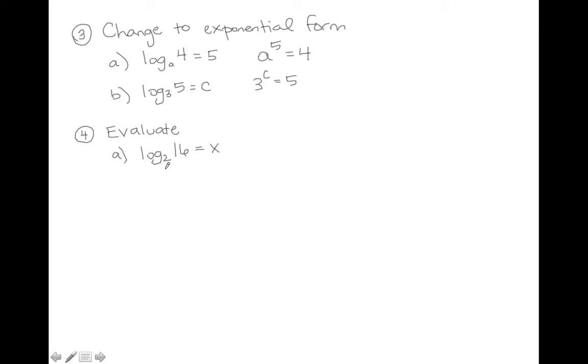So rewrite in exponential form first: 2 to the x equals 16, and then we'll just think about it. 2 to what power gives me 16 as an answer? So 2 times 2 is 4, times 2 is 8, times another 2 is 16. So 2 to the 4th power gives me 16, which means my x, the exponent, is 4.